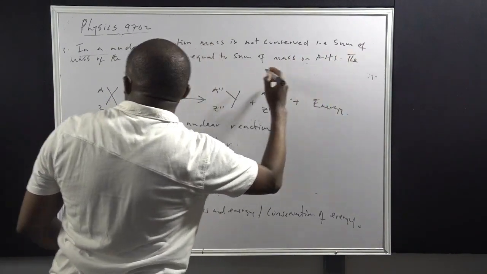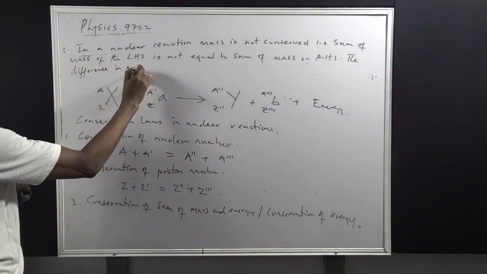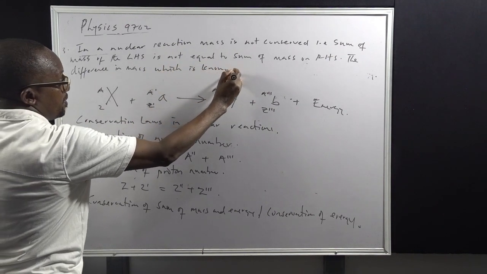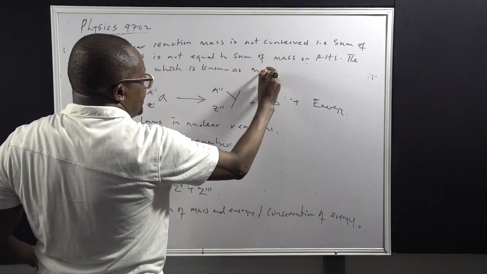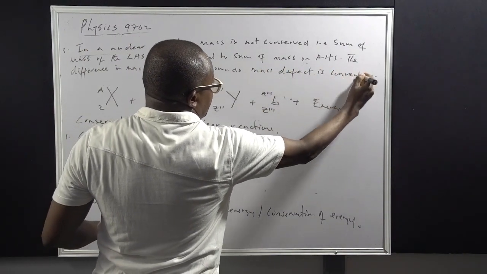The difference in mass, which is known as mass defect, is converted into energy.